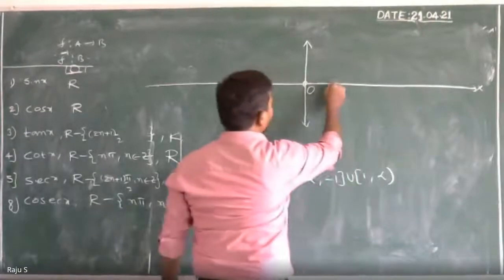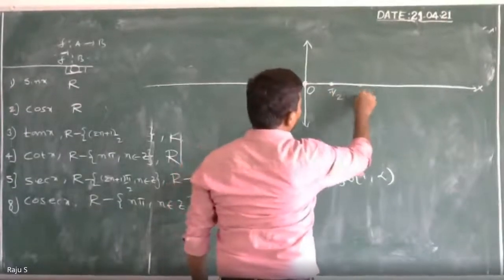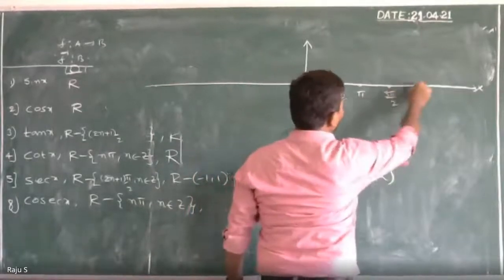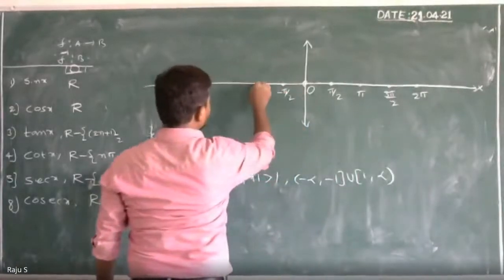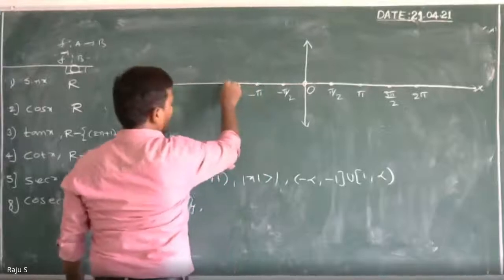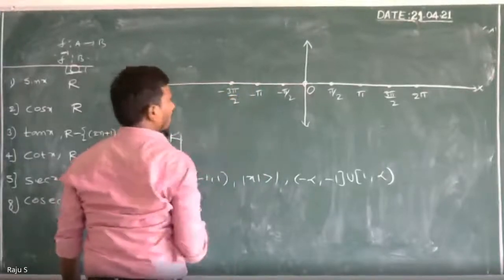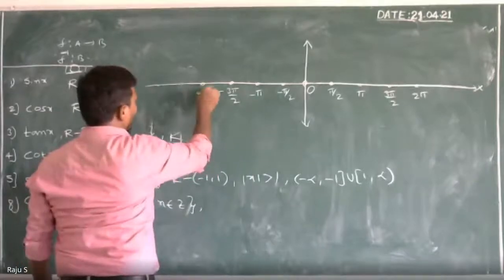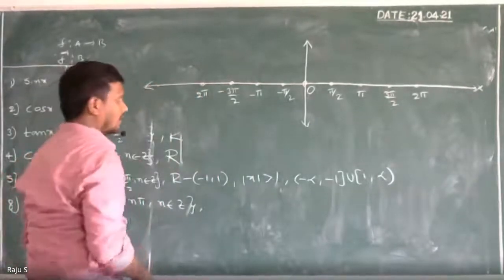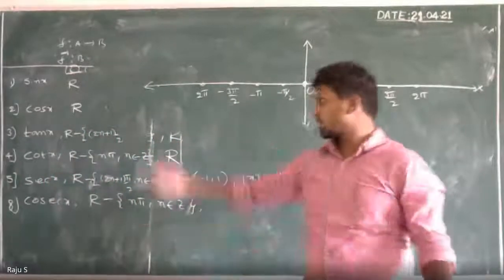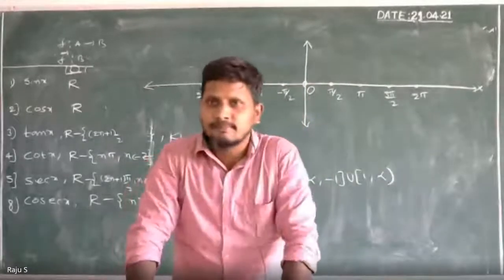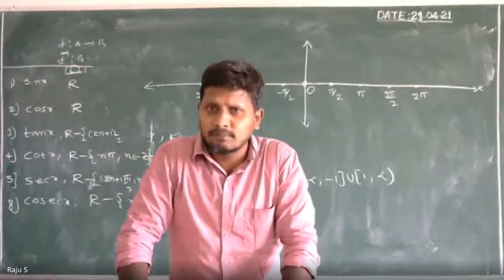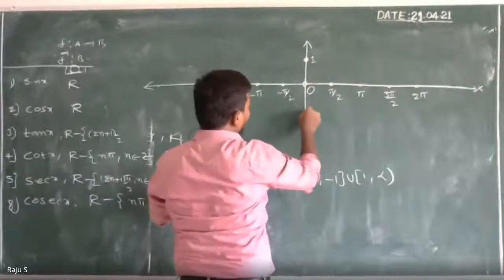On the x-axis, I'm going to take 90, 180, 270, 360, which is 2 pi. See here, just now I have written for sin x, what is the range? The range is minus 1 to plus 1. Plus 1 will be here, minus 1 will be here.